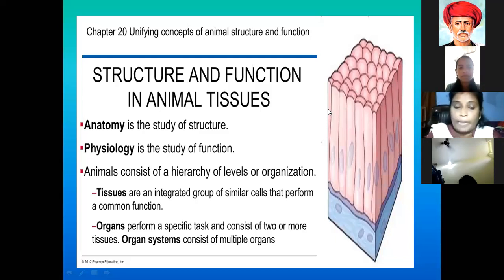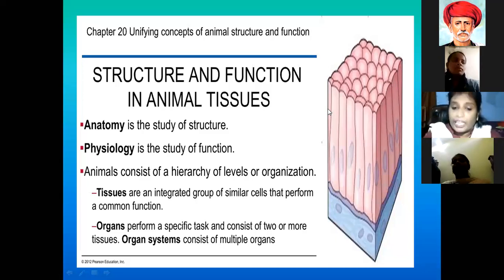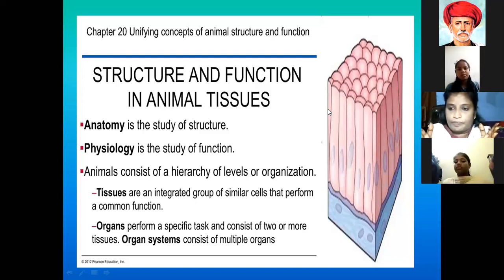Okay. Animals consist of a hierarchy of organization. The maintenance of the organization, the internal body, and so many organs are organized through the tissues.